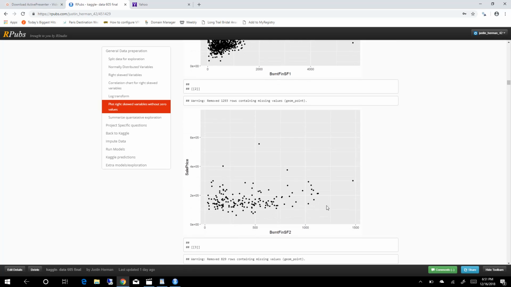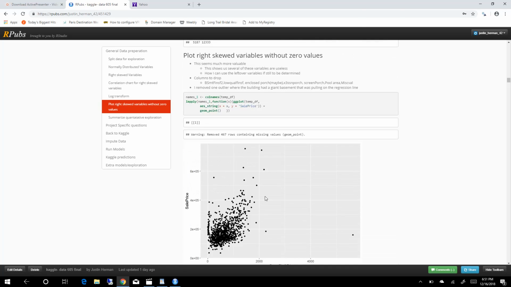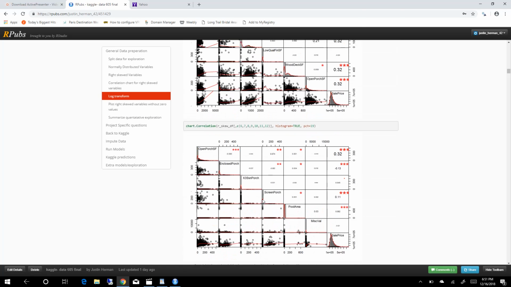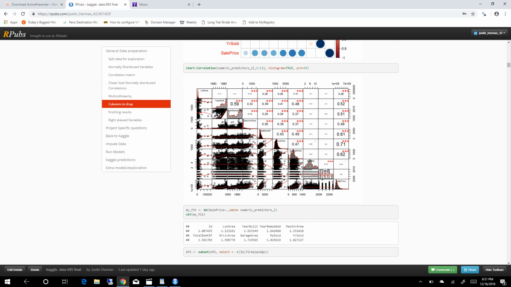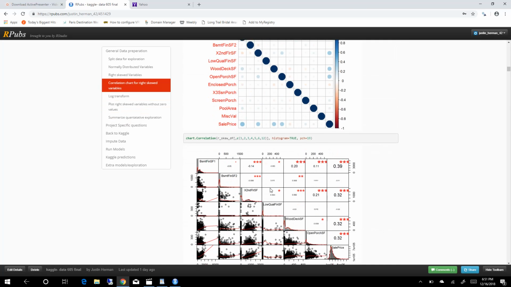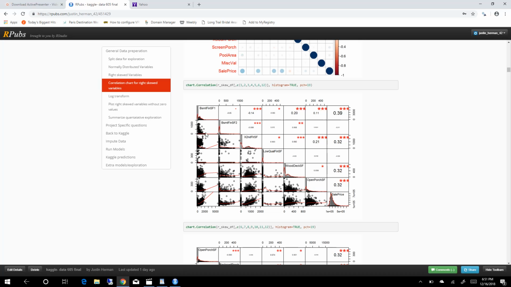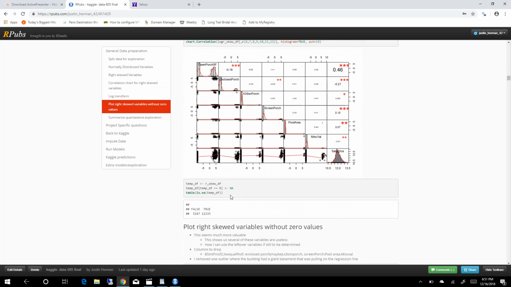Here we can see that number 2 does not have a strong relationship at all. Versus if we went back and looked at our original plots for these, like this one, this plot does not look as strong as the plot without the zeros.